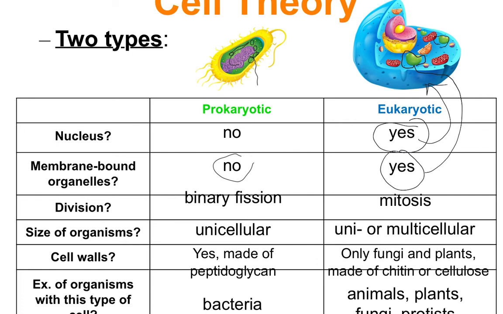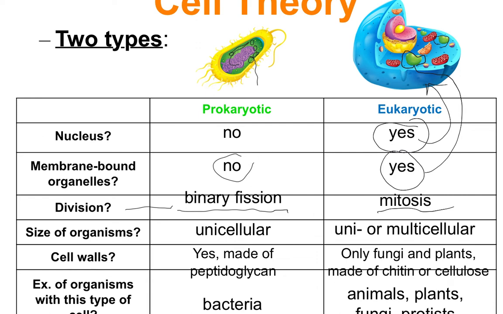Also, prokaryotes divide differently. They divide through binary fission, which is where they kind of just pinch off a piece of themselves. Eukaryotes, because their DNA is contained in that nucleus, have a cellular division, when they replicate themselves, that is far more complex.